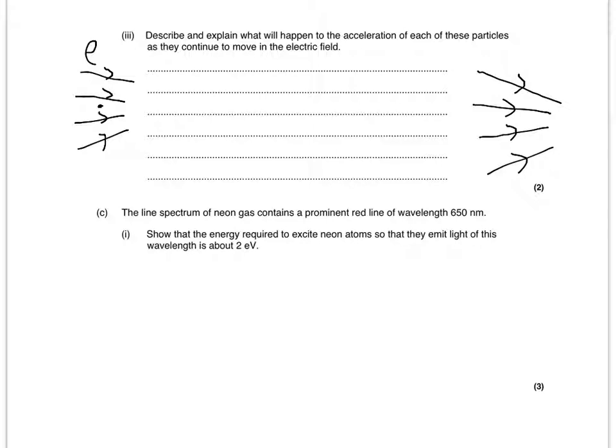And they were like this for the proton. The electron is going to travel this way. The proton travels to the right, so the proton is moving into an area where the electric field is stronger. If the electric field strength is greater, then the force will start to be of a greater magnitude. Therefore, the acceleration will start to increase for the proton.